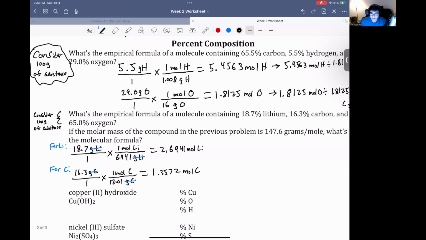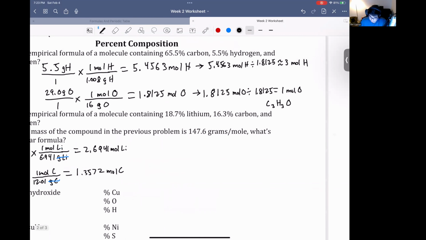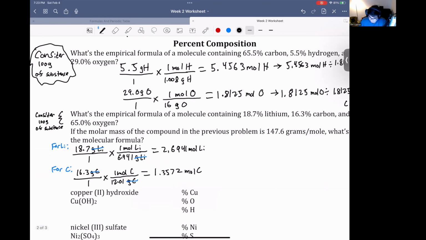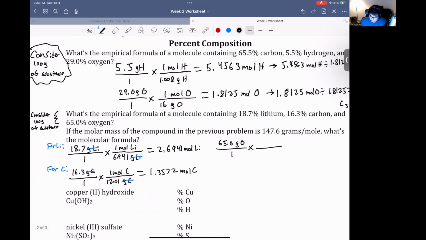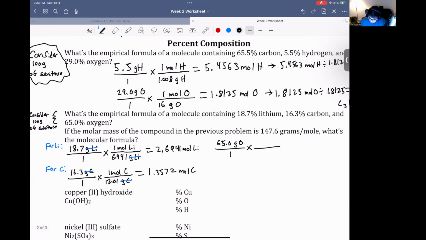All right, we can move on here. We're going to do oxygen, again out of 100 grams. Okay, sorry, I was checking if it added up to 100%. So this is 65.0 grams of oxygen. Then there are 16 grams of oxygen for 1 mole of oxygen.